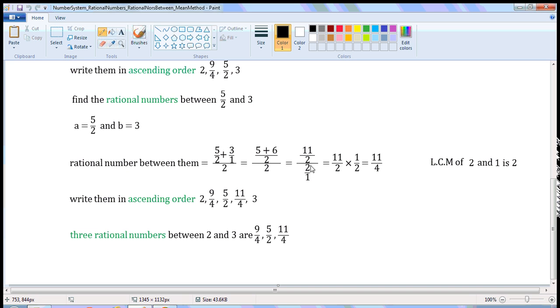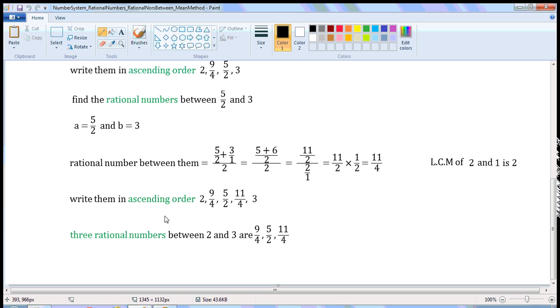Division of a fraction by a fraction means multiplying the fraction in the numerator with the reciprocal of the fraction in the denominator, which is equal to 11 by 2 into the reciprocal of 2 by 1, which is 1 by 2. 11 into 1 is 11, 2 into 2 is 4. So 11 by 4 is the rational number between 5 by 2 and 3.